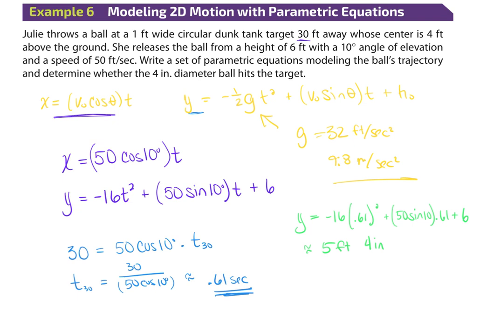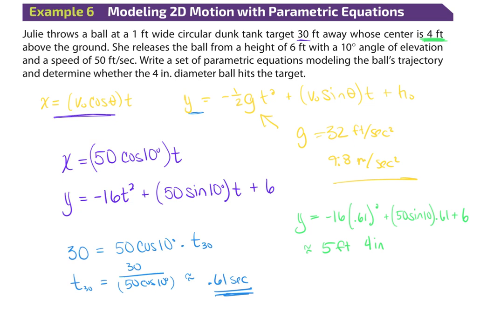All right, so we're assuming the center of the ball is what is hitting. So we have 2 inches up and 2 inches down on a 4-inch ball, all right? The center of my target, where's the center of my target? Four feet above the ground.